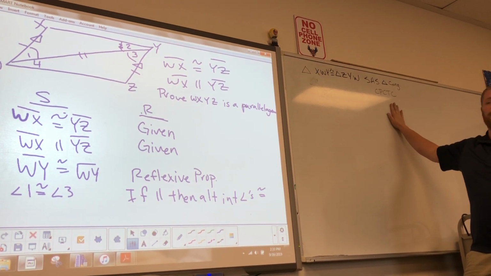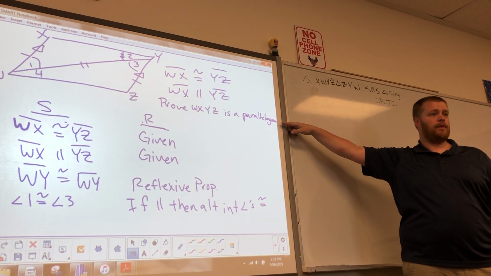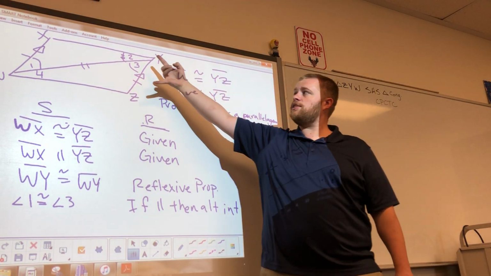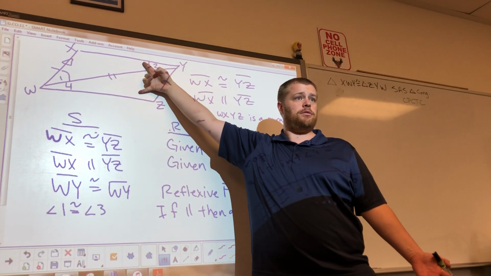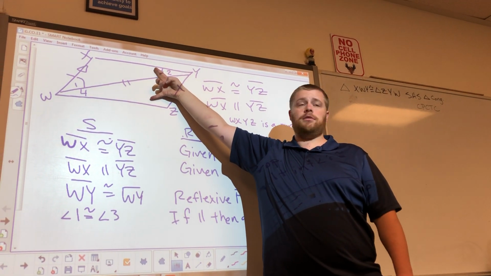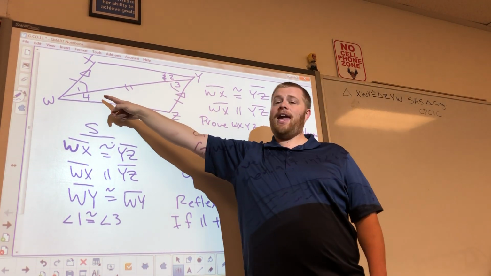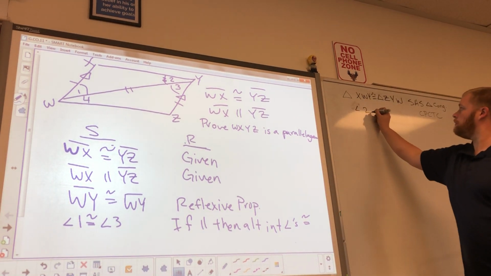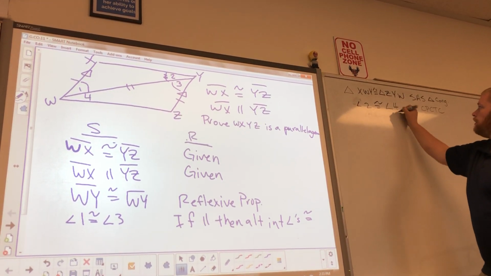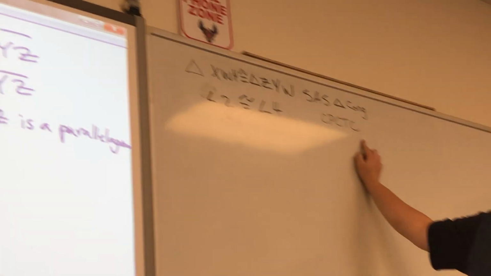The reason I'm using this is because I'm trying to prove that we have a parallelogram, right? So if I can show that these two are parallel, then I'm good. So if I use CPCTC, I'm going to say angle 2 and angle 4 are congruent.